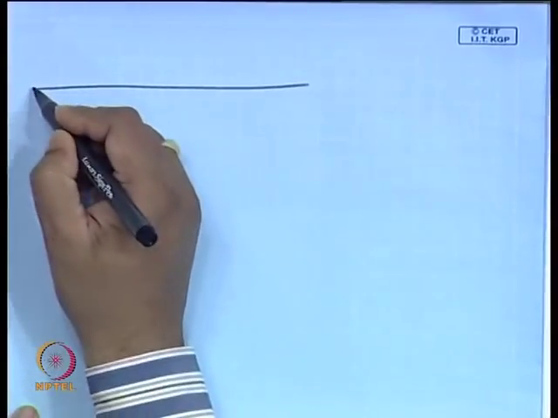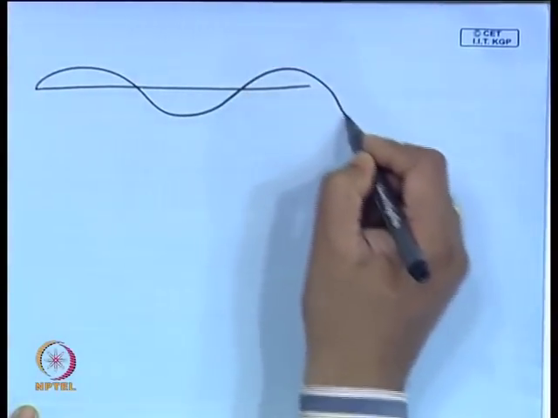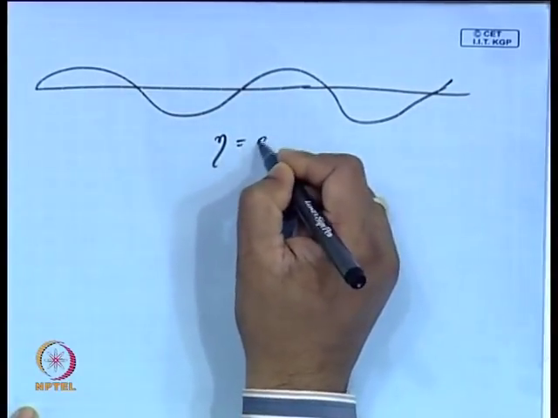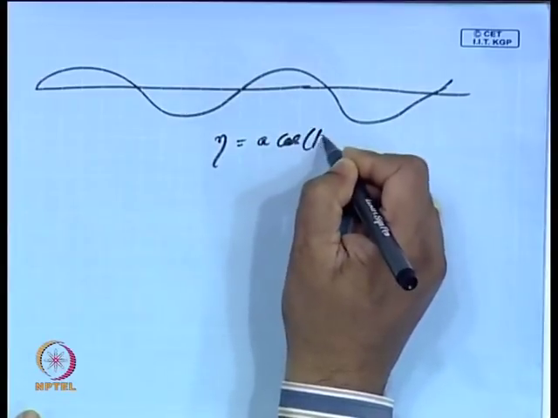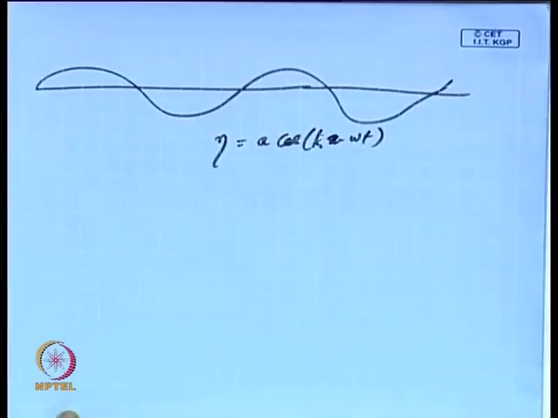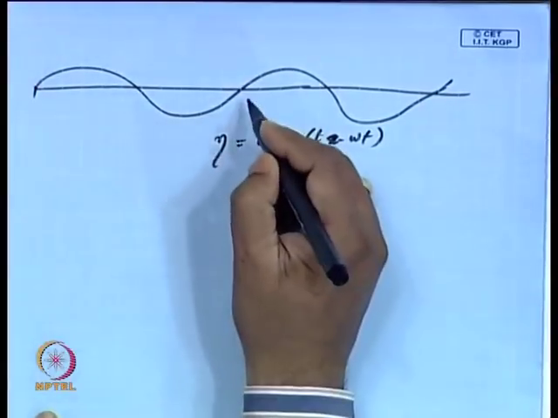One of the simplest waves is the sinusoidal wave. Eta equals a cos(kx minus omega t) is the most general representation of a surface.